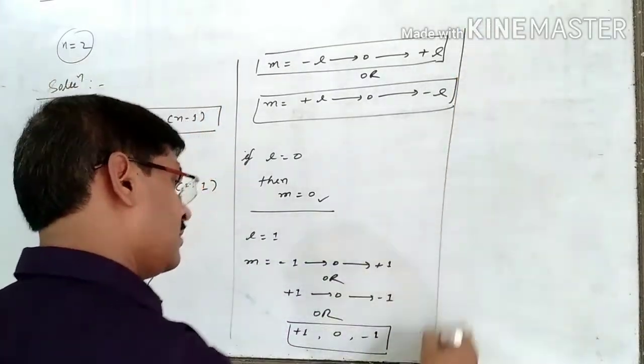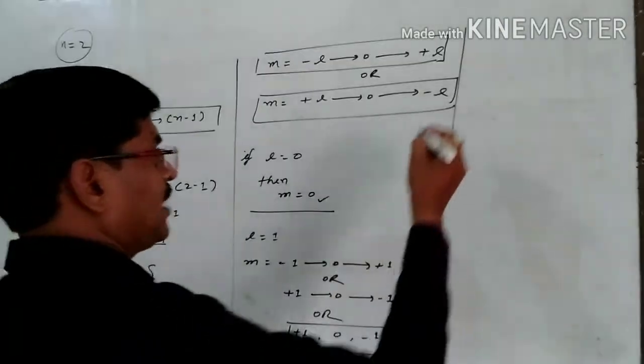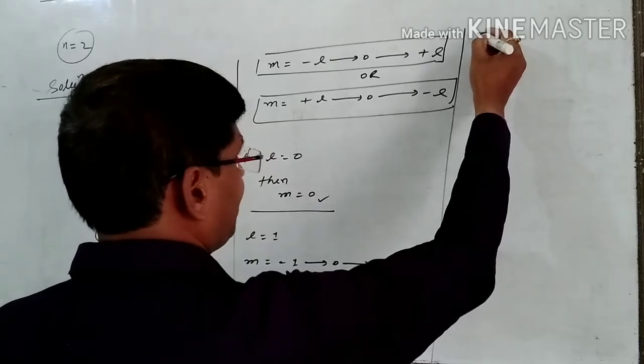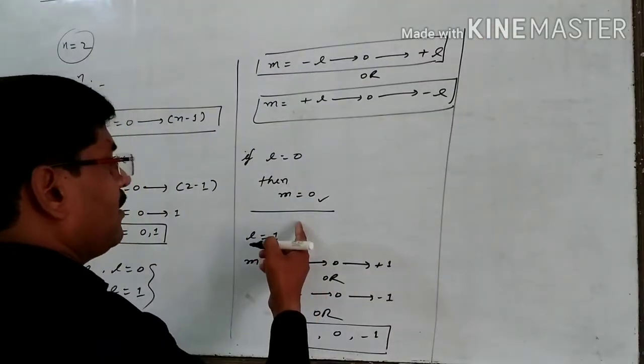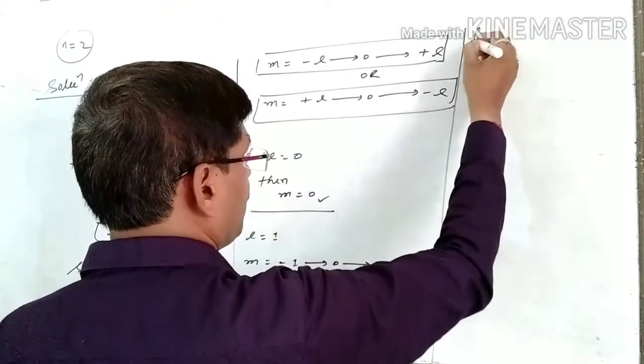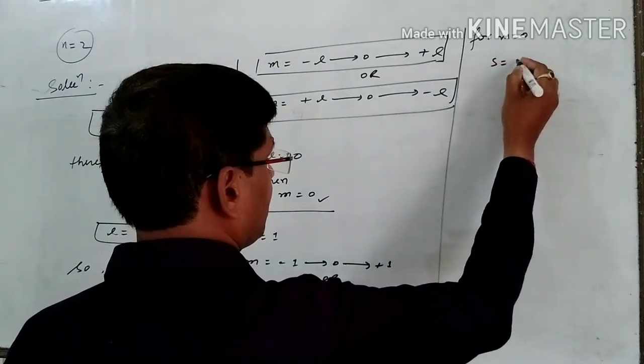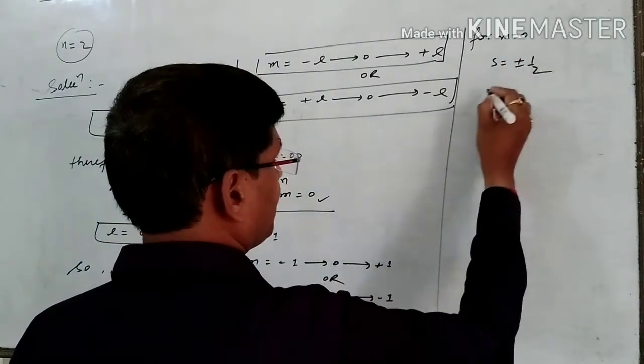After that, with the help of the magnetic quantum number, you can find the spin quantum number. If you have to find the spin quantum number, then you have to pick up one value of the magnetic quantum number from here. For m is equal to 0, s will be plus minus half.